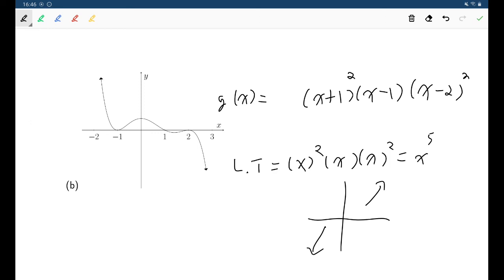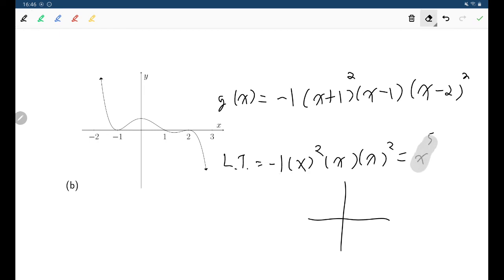But I can fix that because I know that a vertical flip would give me the correct end behavior. So what I'll do is I'll just multiply g of x by -1. That means that my leading term would be -1 times x squared times x squared.